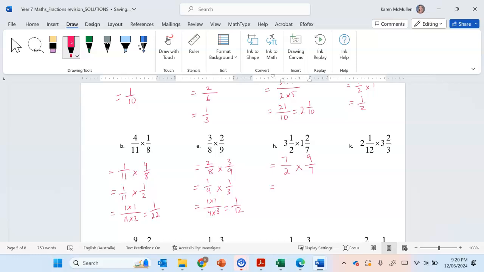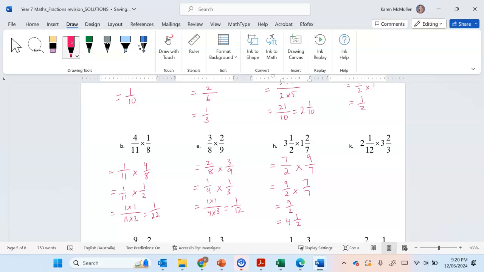For this one, I can see switching my numerators makes this so much easier, because I end up with that 7 over 7, which is just 1. So I could just say that's 9 over 2. And I do need to write my fraction as a mixed number. 2 goes into 9 4 times with 1 remainder, so 4 1/2.